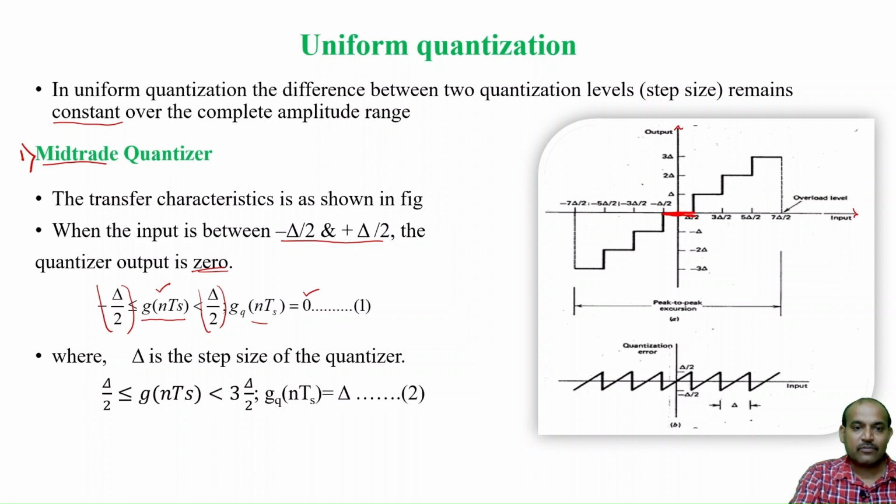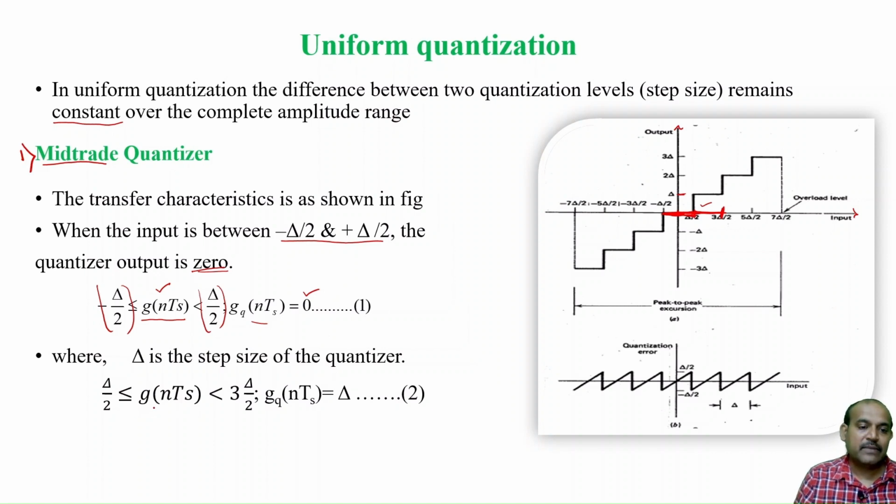Here delta is the step size of the quantizer, which is constant because it is a uniform quantizer. Next I will take the next interval, the second interval, from delta by 2 to 3 delta by 2. When the input is between those values, the output is delta.